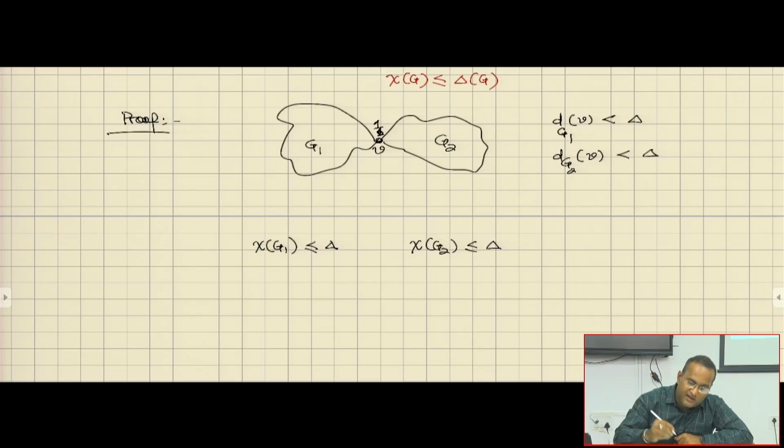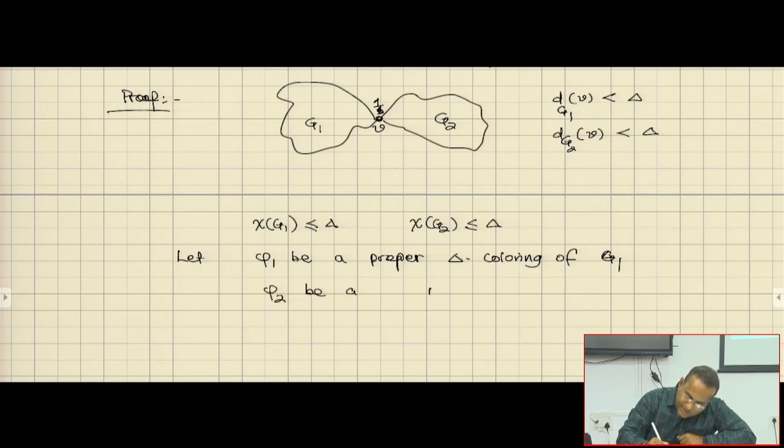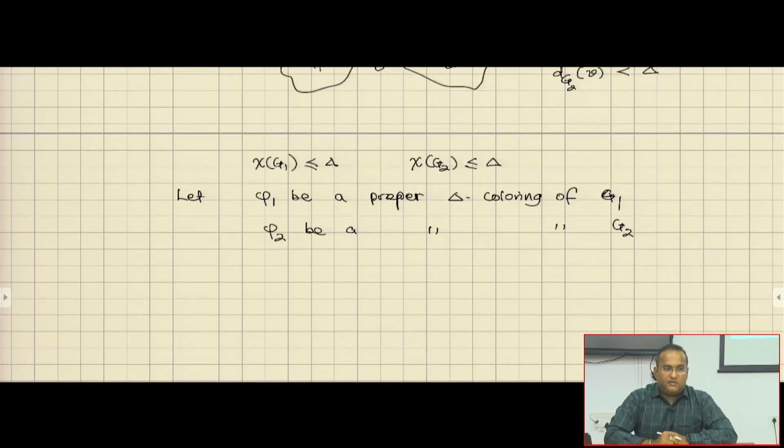Because of that, we can say that, let phi 1 be a proper delta coloring of G1, and let phi 2 be a proper delta coloring of G2, right? Then what will happen?